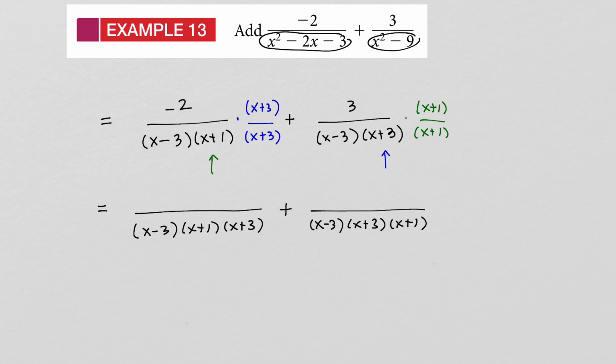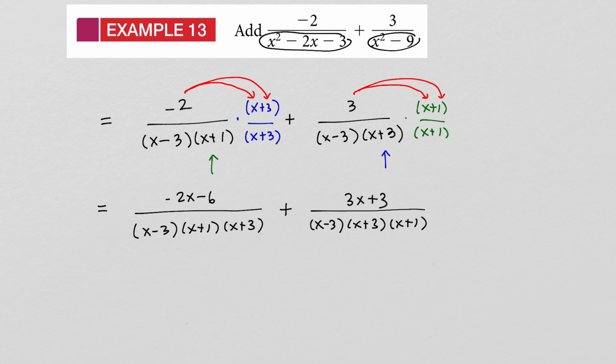So what I'm going to do here is negative 2 times x and negative 2 times 3. And that's negative 2x minus 6. And then the same thing for the other one. 3 times x, 3 times 1 is 3x plus 3. There we go.